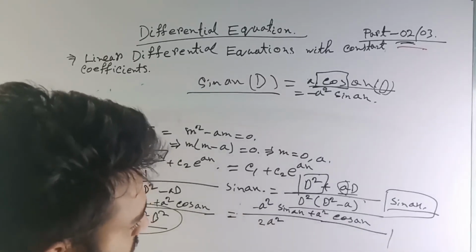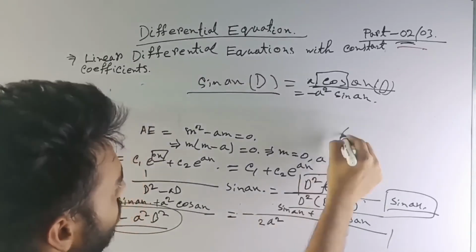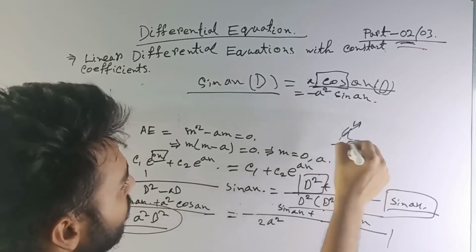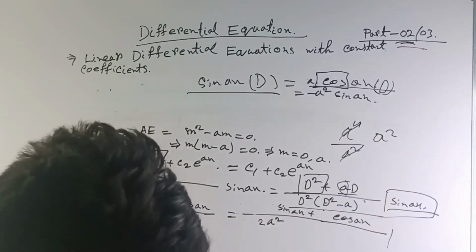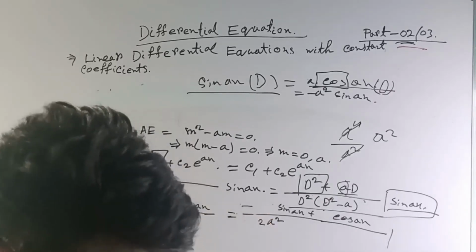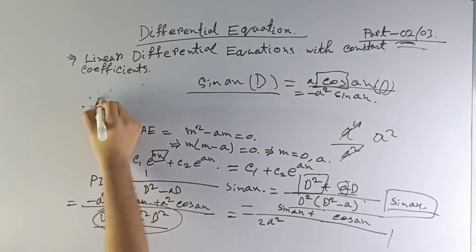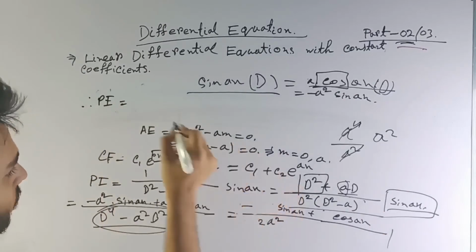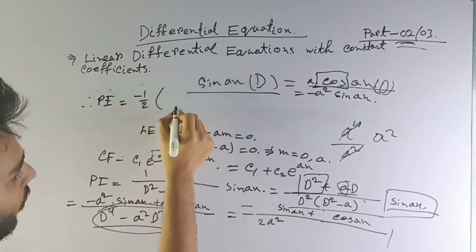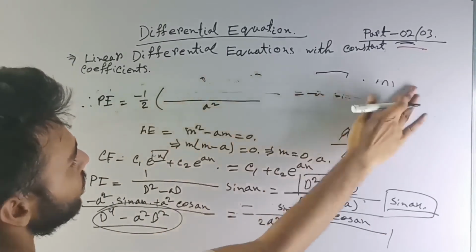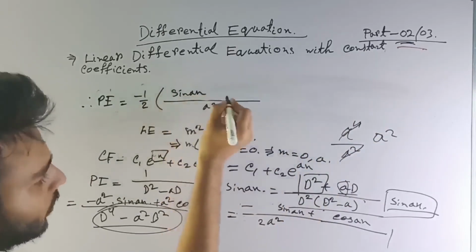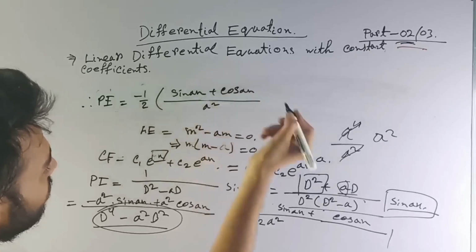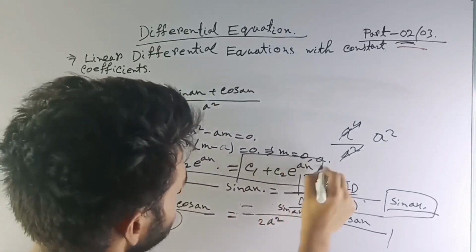You understand that, and this is the answer: PI equals minus 1 by 2a², with numerator sin ax plus cos ax.